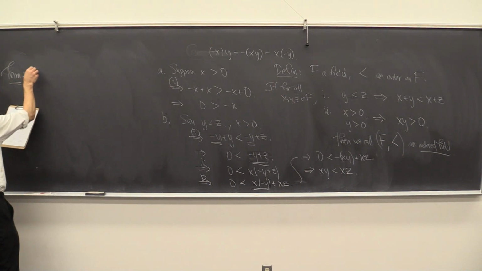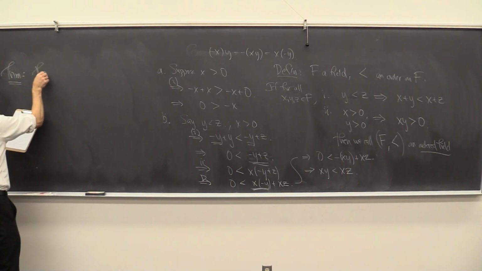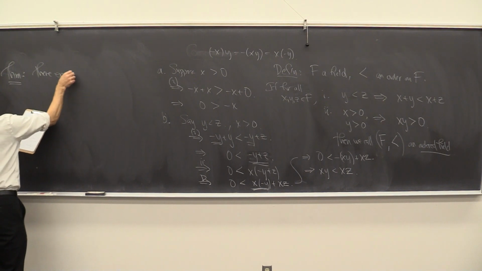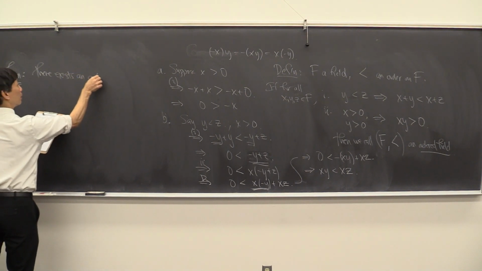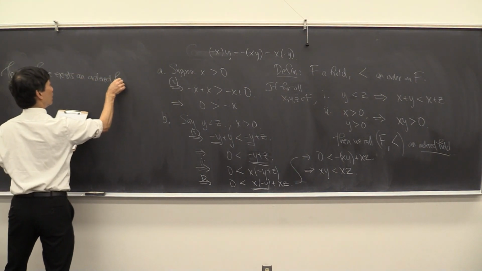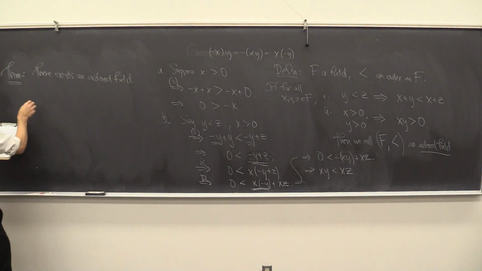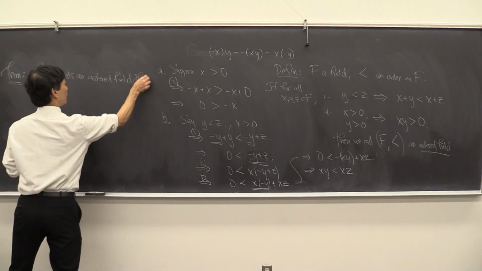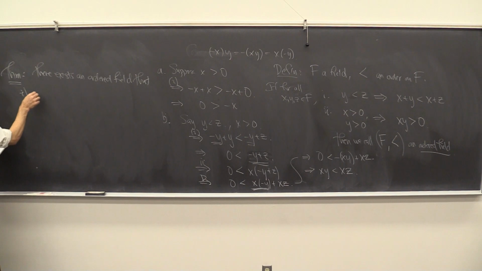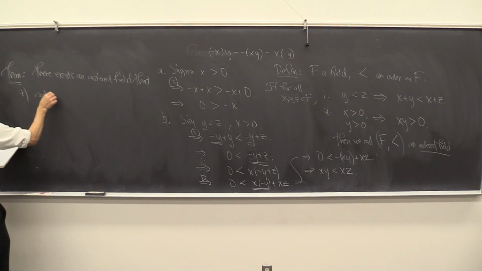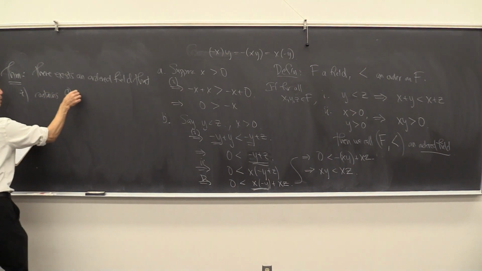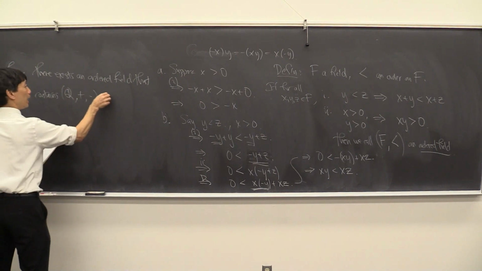So here's the theorem. There exists an ordered field that contains the rational numbers as a subfield.